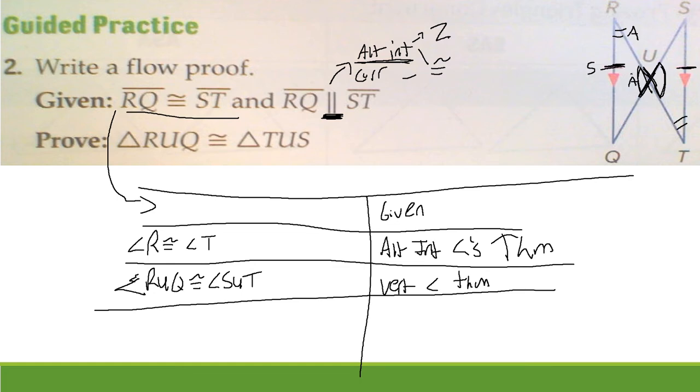Now, I can draw a line between both my A's without ever crossing over that S. So in this case, I can go ahead and say that my triangles are proven congruent now, RUQ congruent to TUS, but in this case it'd be angle, angle, side, because the side that I have that matches the side set is not in between my two angle pairs. It's on the outside of those two angle pairs because I can draw a line between my two angle pairs and not cross the S.